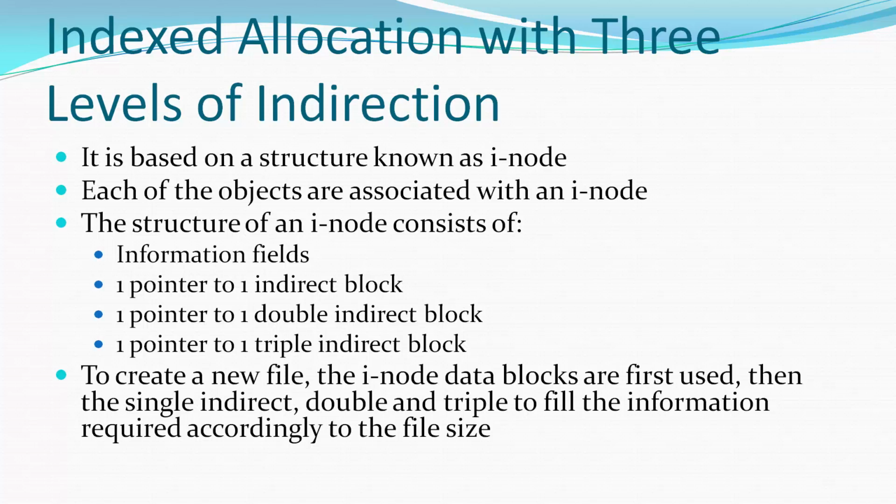To create a new file, the inode data blocks are first used, then the single indirect, and then the double and triple to fill the information required according to the file size.